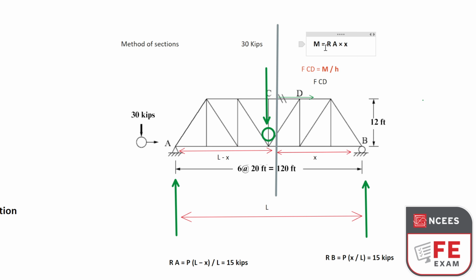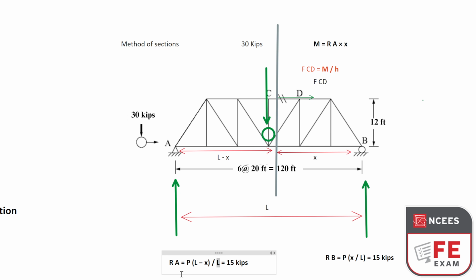Now this equation still needs us to find the reaction force RA, which is equal to the point load times the distance from the section to B, divided by the length of the span. Very easy, like here to here is L minus X, divided by the length, multiplied by the point load.